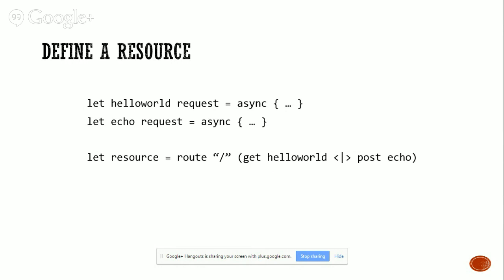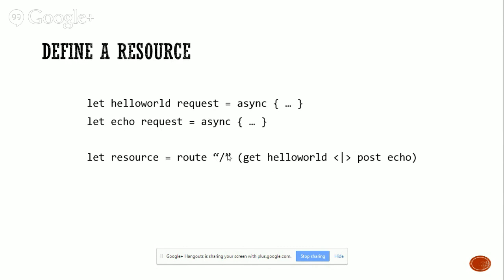So then going to the resource idea, to define a resource, we've got a couple different ways of doing this, but in this case, I'm showing the route function, and it takes a string that is the URL template, and it always starts with a single slash.